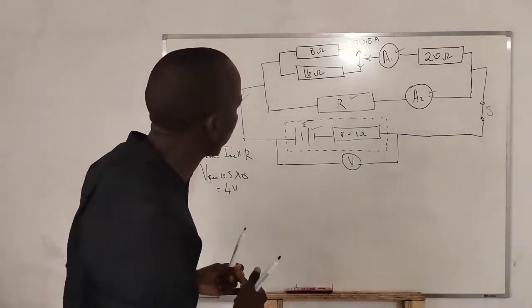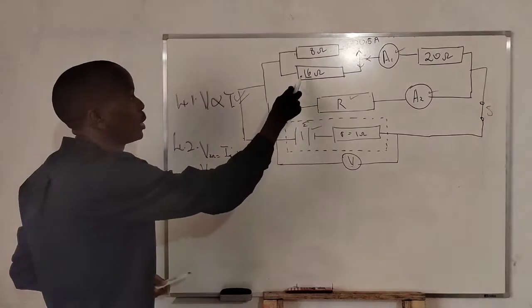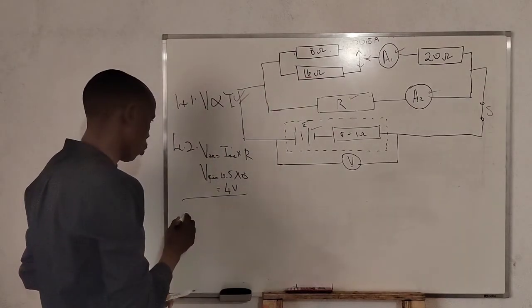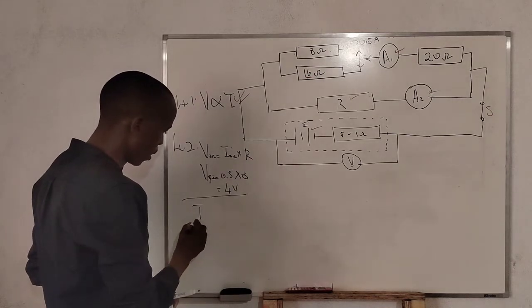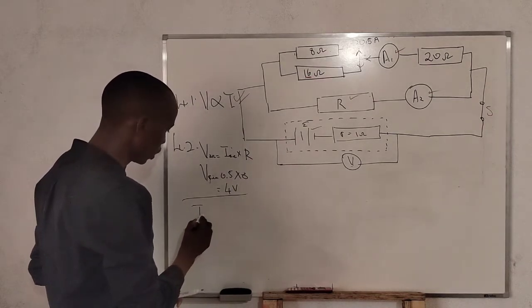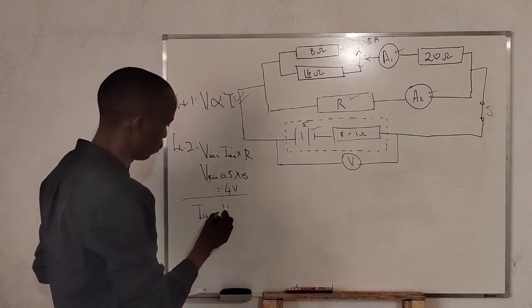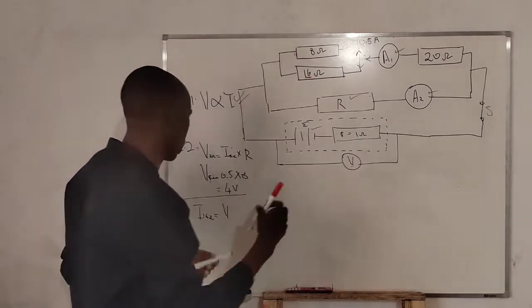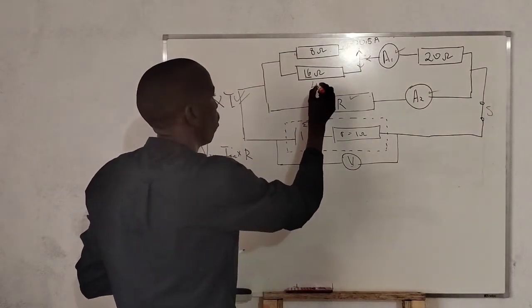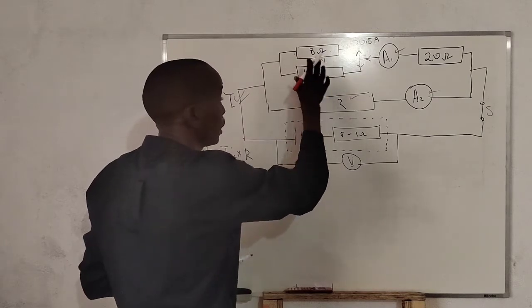Now we can find the current passing through the 16 ohm resistor. The voltage here is 4 volts, and here is 4 volts, so the voltage is the same.